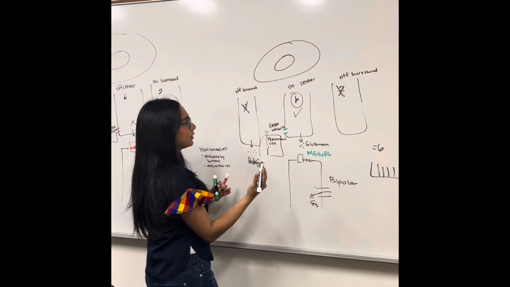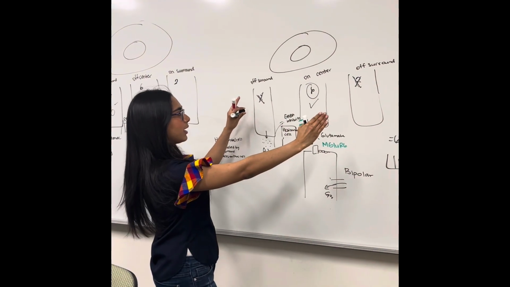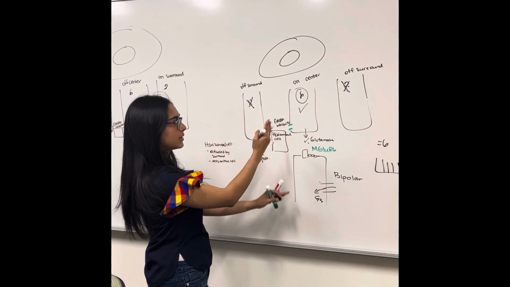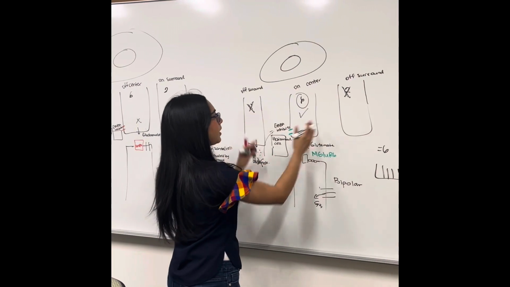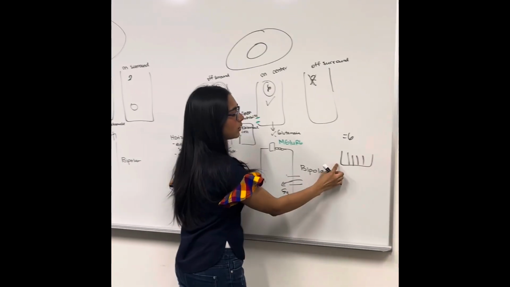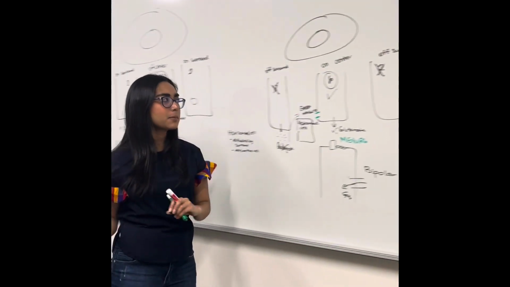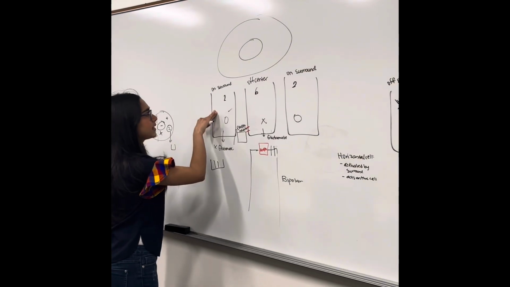So now we count. For this purpose, we'll count our off surrounds as having 2 action potentials and our on center as producing 6 action potentials. So since we don't count this one, we represent this as having 6 action potentials. 1, 2, 3, 4, 5, 6. Let's do another example. This time, off center, on surround.